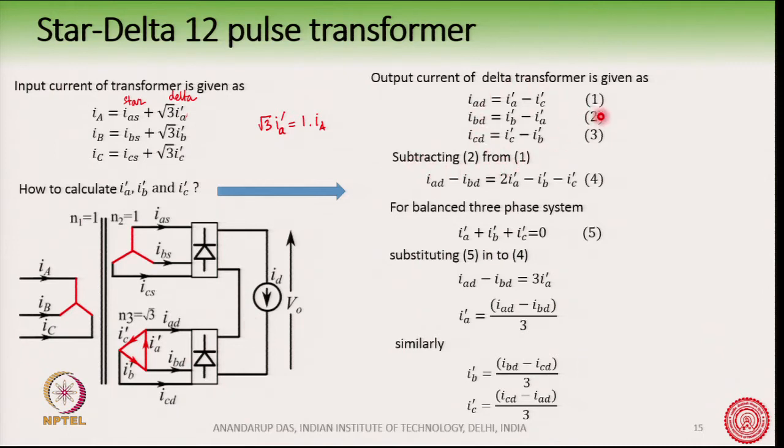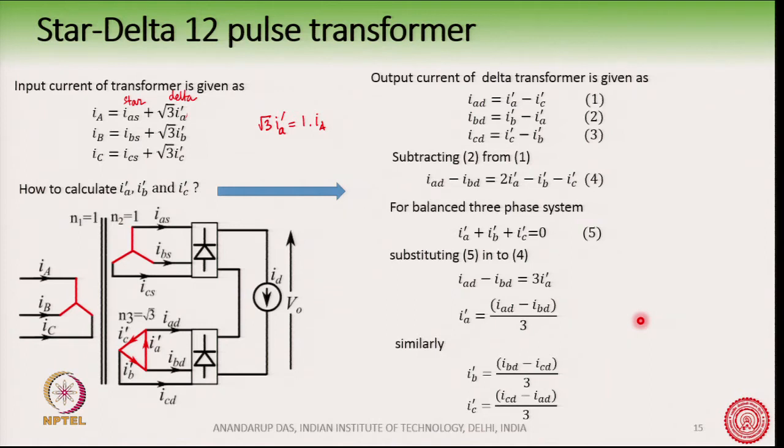Subtracting 2 from 1, I can find IAD minus IBD like this, and for a balanced system, if we assume that IA dash plus IB dash plus IC dash is equal to 0, then we can substitute it back, and we get IA dash equal to (IAD minus IBD) divided by 3.